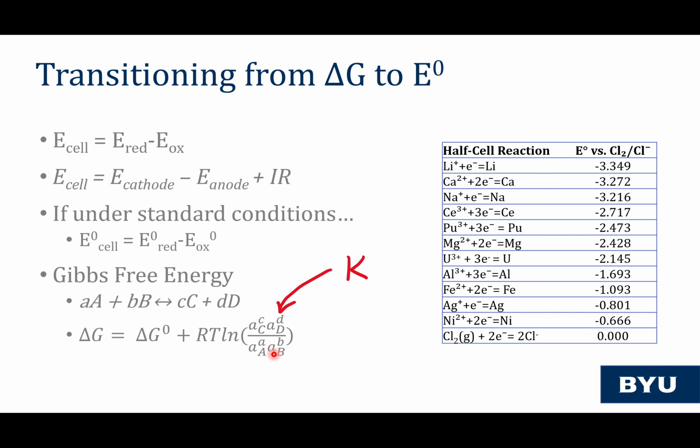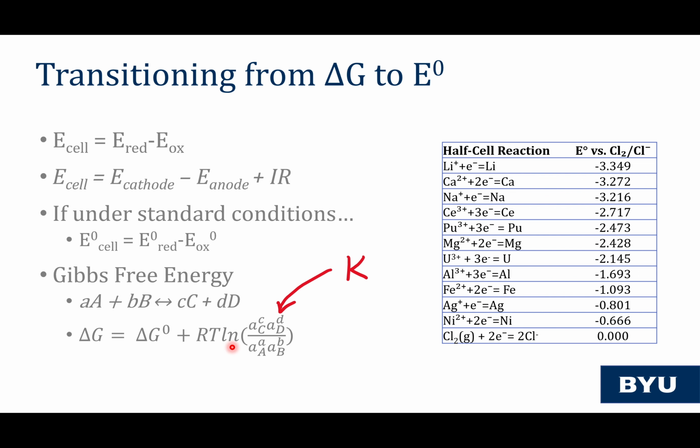So we can write this for standard conditions, and we can also write out the Gibbs free energy of a reaction. Say we have aA plus bB going to cC plus dD, and here the lowercase letters indicate the stoichiometry of the reaction. And so when we write out the Gibbs free energy for this reaction, we have a reference state for Gibbs free energy. And then we have RT and then the natural log of an equilibrium constant.